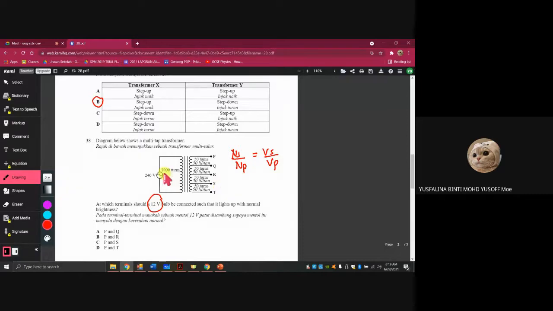Remember I told you just now, this one is the 240 volt, and you can see this is the symbol for alternating current. So this one should be the primary, and this one should be the secondary. C, alright, Jin, you got C. Any other people want to try?